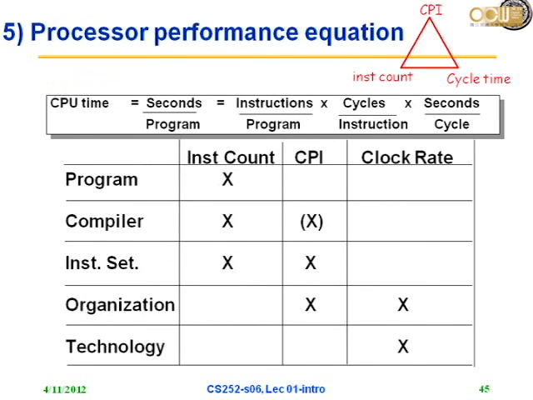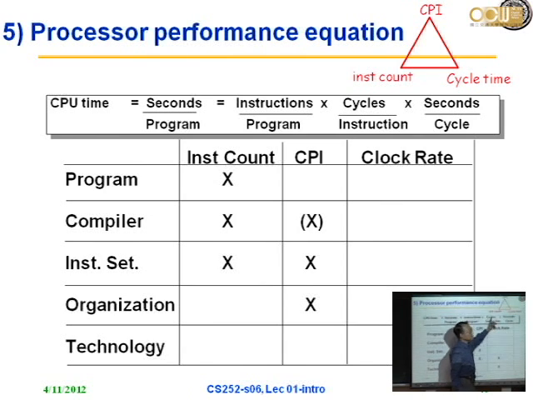But now let's focus only on the processor itself. Don't worry about I/O anymore. For the processor, the time you spend is equal to this equation. This equation says the time your CPU will need is equal to the number of instructions you need to execute, times how many cycles you will spend per instruction on average, times the cycle time.